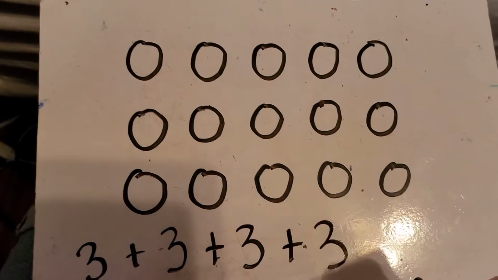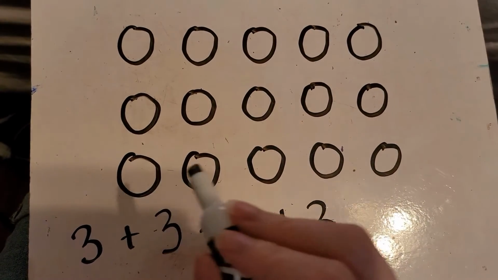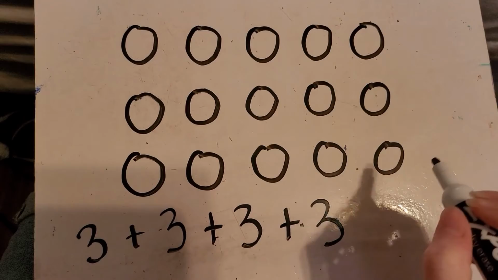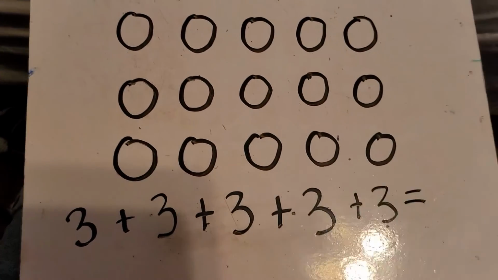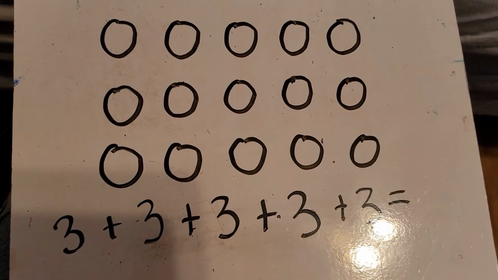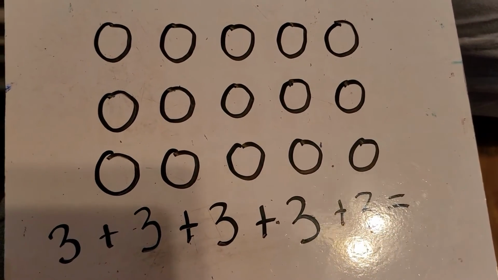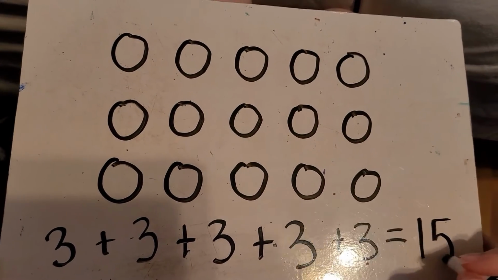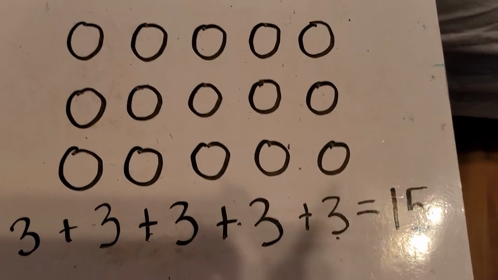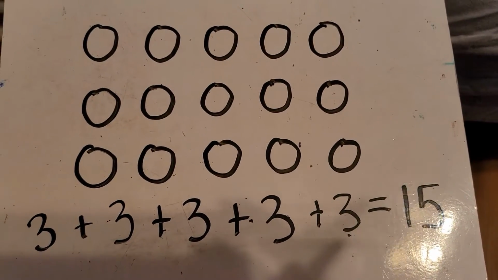So in this strategy here, I have 1, 2, 3, 4, 5 columns of 3. Now, even though my number sentence is different, my total doesn't change. I still have 15 circles in my array.